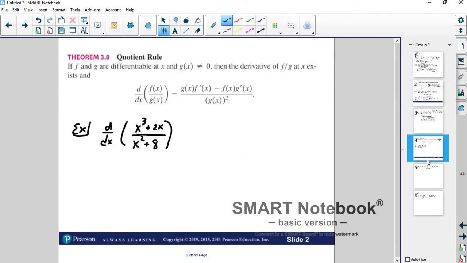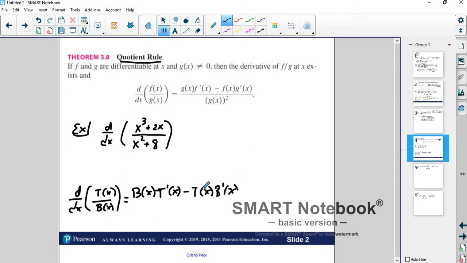Well, if you handle products that way, then you probably have to handle quotients a different way also. And so we do have a quotient rule. Here we have a top function and a bottom function. If we write out the formula in a slightly different method, with top over bottom instead of just f and g, then we get the bottom function times the derivative of the top, minus the top function times the derivative of the bottom, and then the entire bottom gets squared.